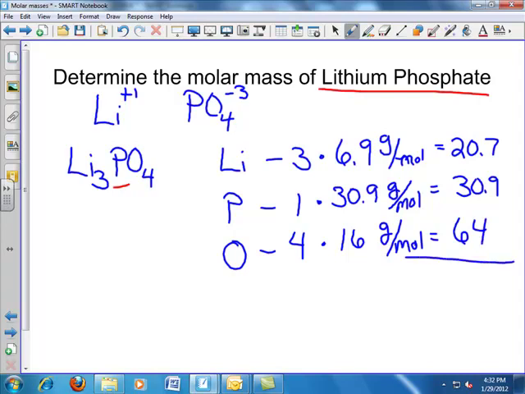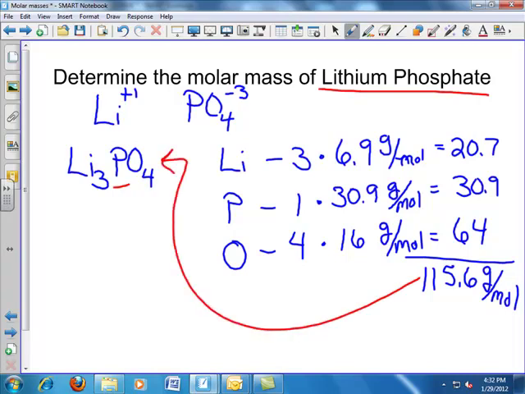So that's my molar mass of each element. So then what I want to do is add those 3 numbers up. And I get 115.6 grams per mole. And that 115.6 is the molar mass of that compound.